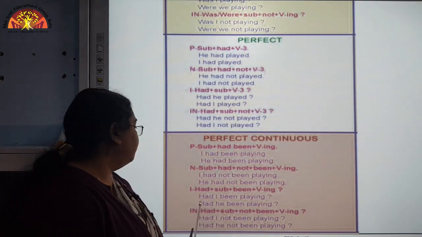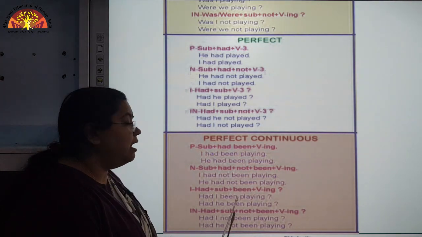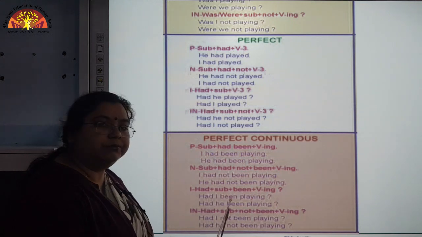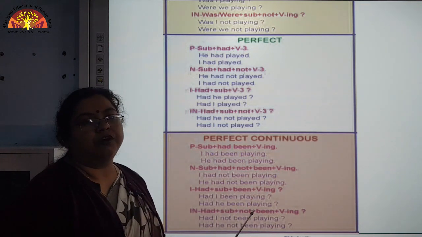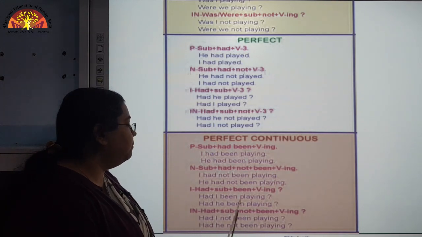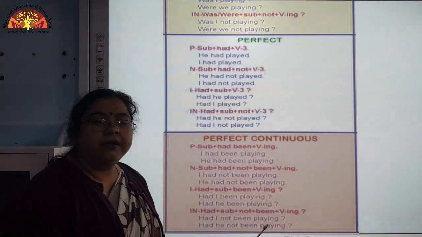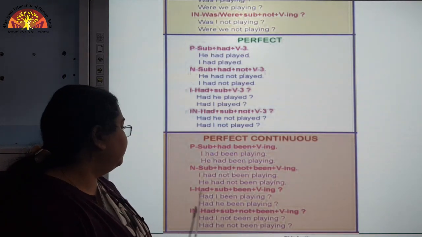Now, interrogative sentence. We will bring the helping verb first, had. Had plus subject plus been plus verb ing form. So, had I been playing? Had he been playing? In this manner we frame the interrogative sentence.